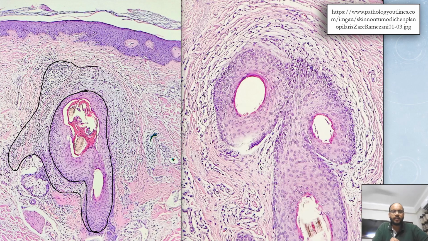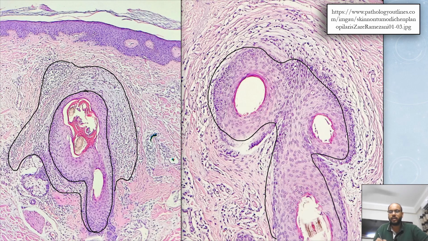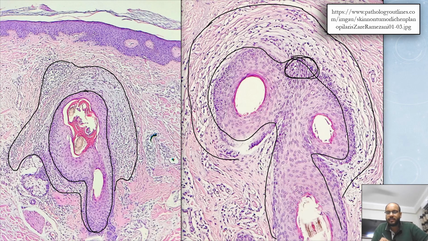So this is perifollicular lymphocytic infiltrate, and on a horizontal section, this is the hair follicle, and you have the perifollicular lymphocytic infiltrate. In fact, if you look closely, you will see basal damage here. And this is what the pathology is in Lichen Planopilaris. You can easily see basal damage here. There is multifocal basal vacuolization.